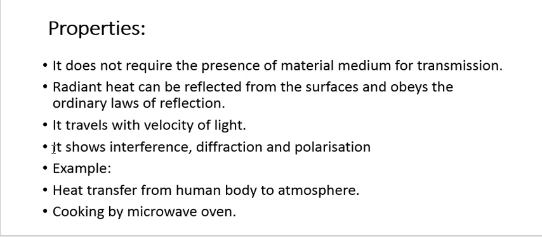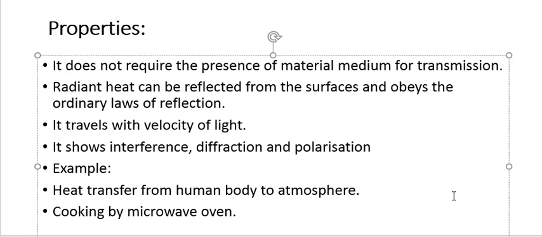Similar to light, it shows interference, diffraction and polarization. Examples are heat transfer from the human body to the atmosphere, and cooking by microwave oven. These are two examples of heat transfer by radiation.